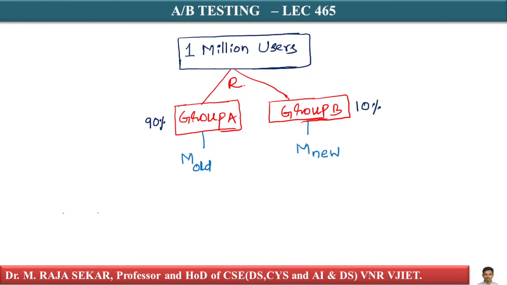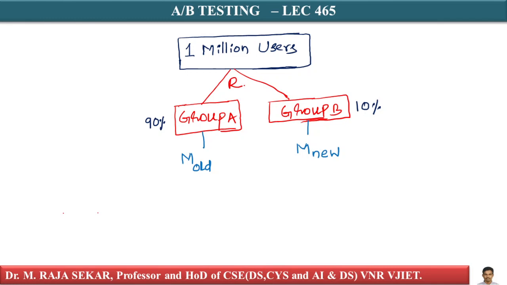If I send 500,000 users into the old model and 500,000 users into the new model, if my new model is crazy, then 500,000 users will suffer because of it, and no company wants to do that.